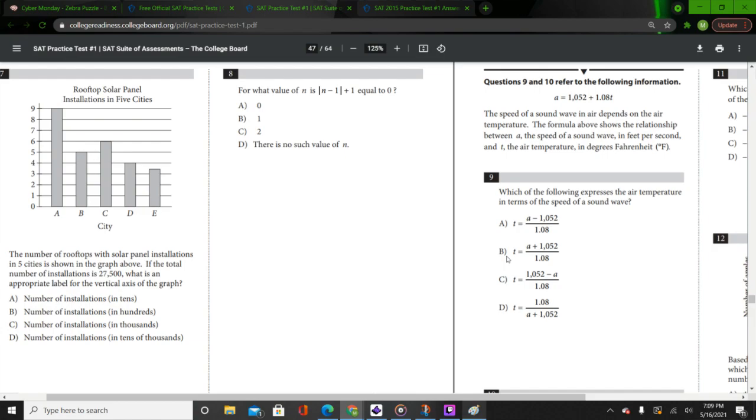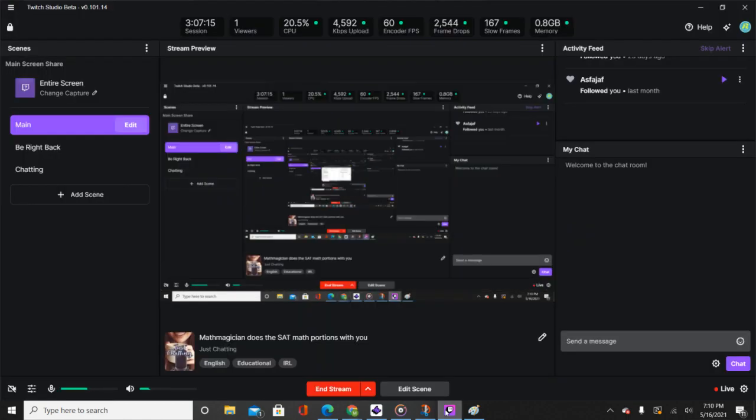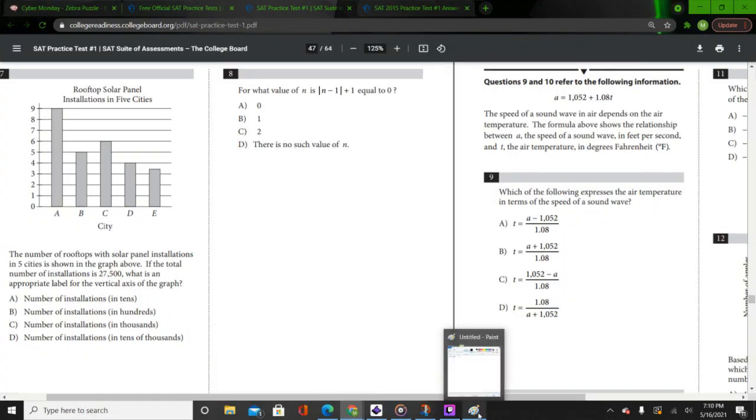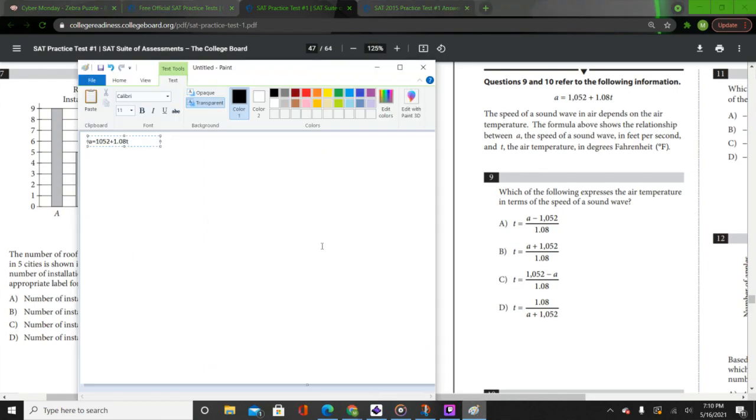Let's use our big brains here. I misclicked, that's my bad. Let me double check to make sure. No, everything's all right. Everything's working correctly.